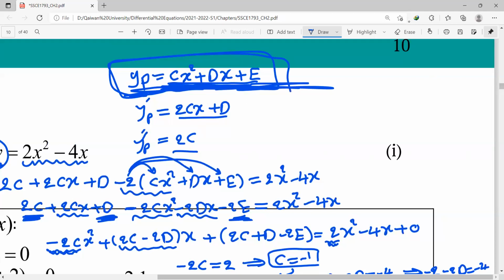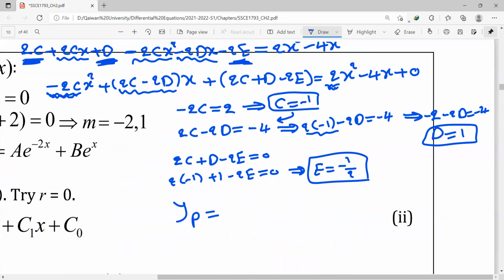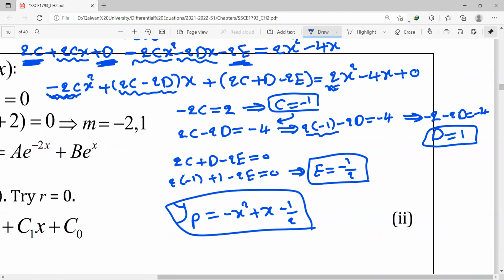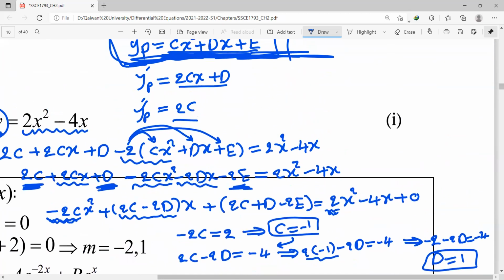We just replace c, d, and e by their values here: minus x squared, plus x, minus half. This is yp.